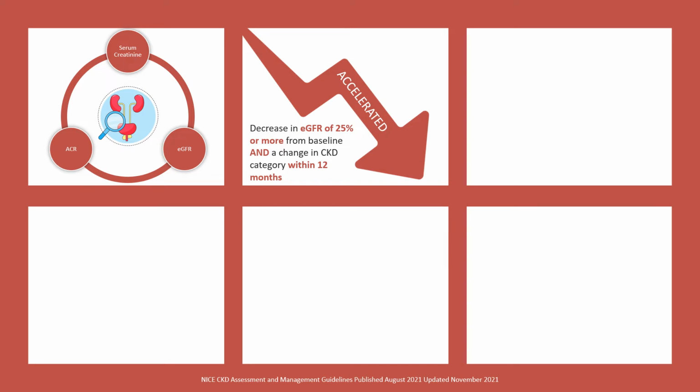If you identify patients in the annual review with an accelerated decline, these are the ones you may need to think about referring to a nephrologist or a renal doctor.